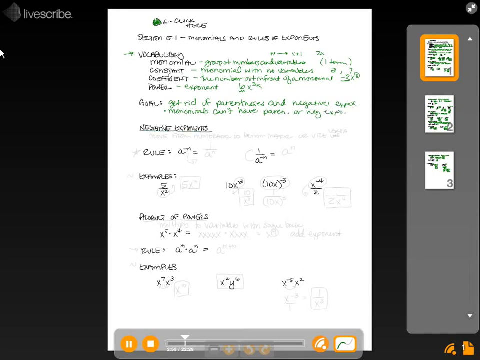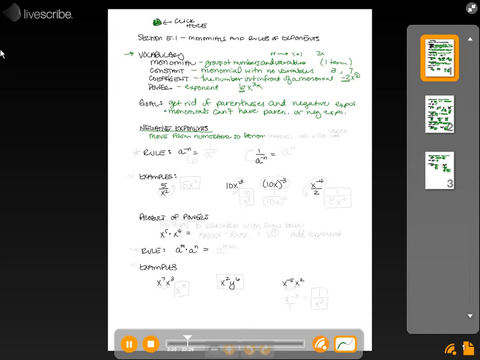The first thing we're going to look at is negative exponents. That's our first rule of exponents, and there are 6 of them like I said. Now if we've got a negative exponent, what we would do is move that negative from either the numerator to the denominator or vice versa.